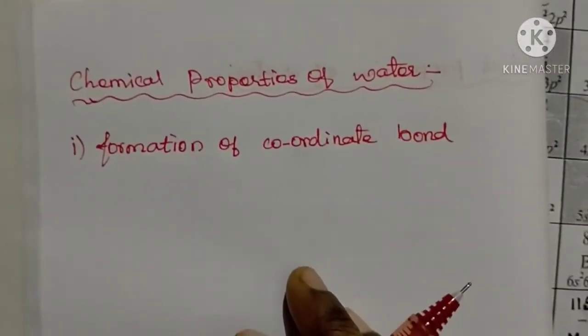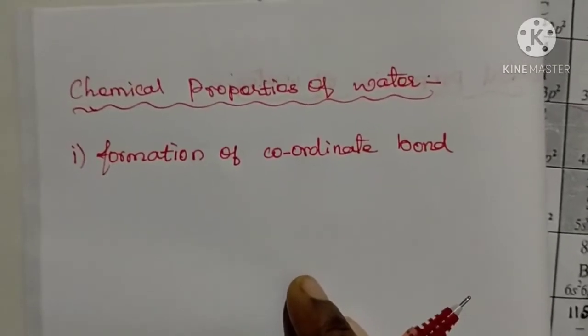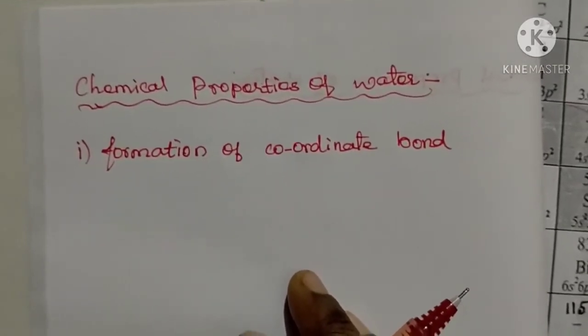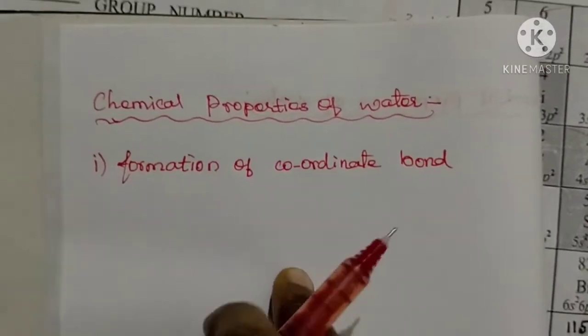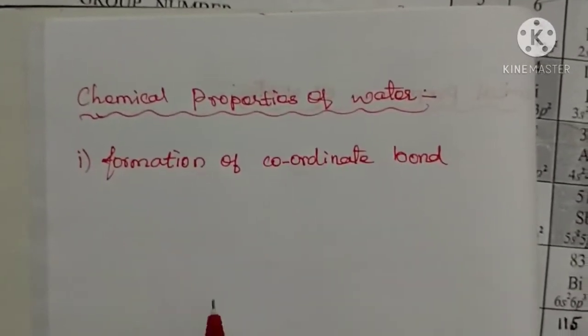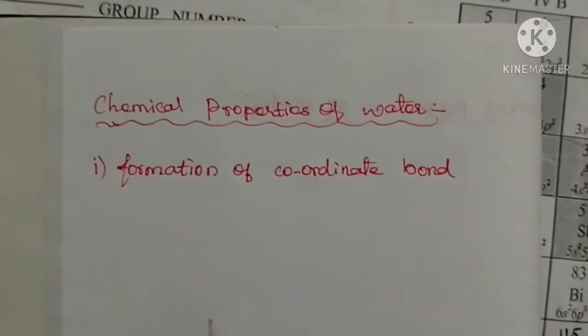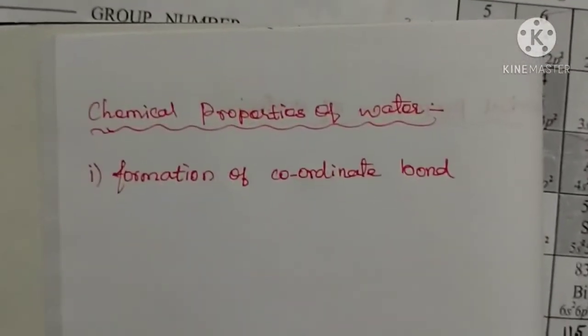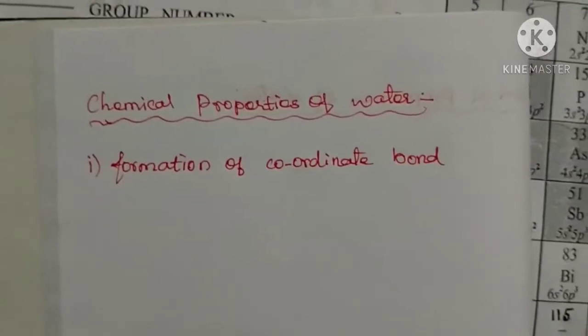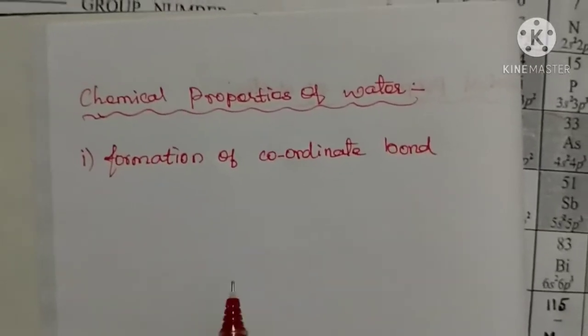Formation of coordinate bonds with species present in the interstitial position of crystals. This is one of the chemical properties of water. So the aqueous solution of a hydrated crystal can produce the salt from that solution.